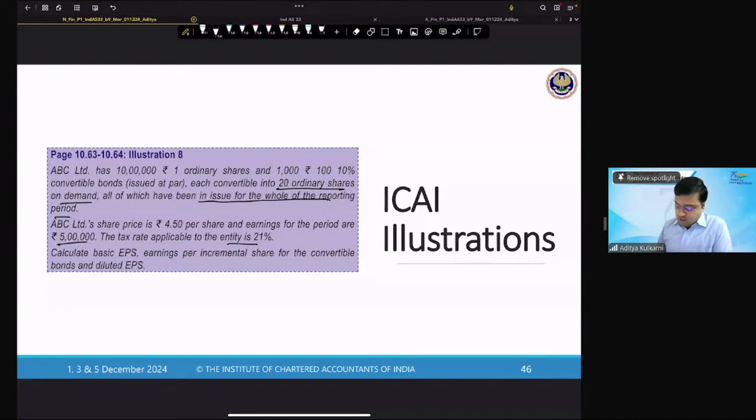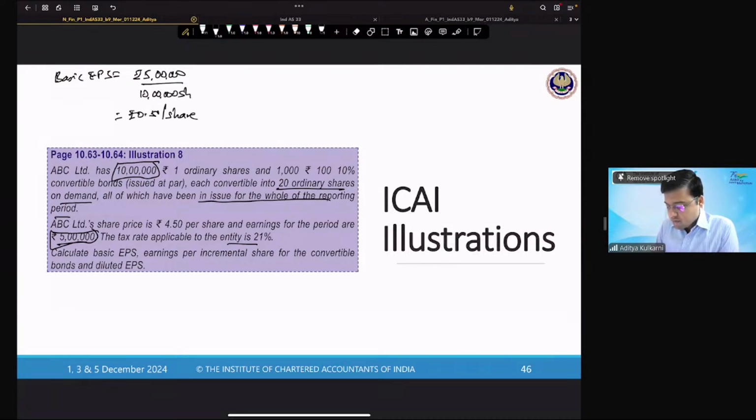Okay. So what is your basic EPS? 5 lakhs divided by 10 lakhs. Sorry, 0.5 rupees. Rupees 0.5 per share. Okay. Now, incremental share.